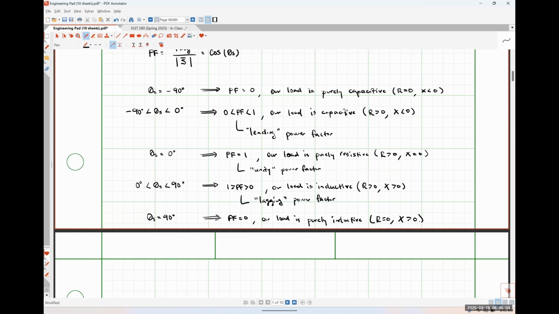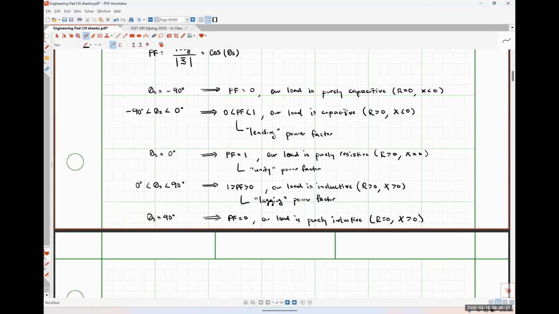As long as our power factor angle is between negative 90 degrees and positive 90 degrees, then some portion of the electricity that we are being sent will be used. The closer that angle is to 0, the more energy we are consuming and using to do useful things, okay?